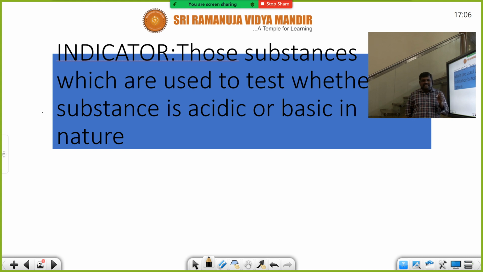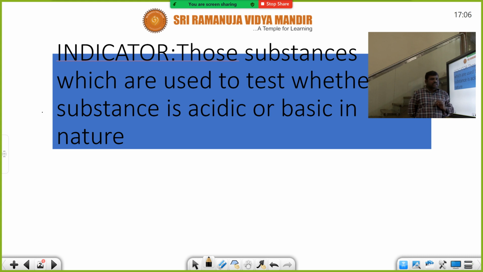Added to a basic solution, it gives the yellow color. So it indicates the color of the substance, whether acidic or basic. Methyl orange is a good indicator, most preferably used in acid base titrations.